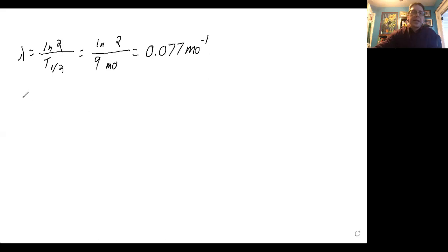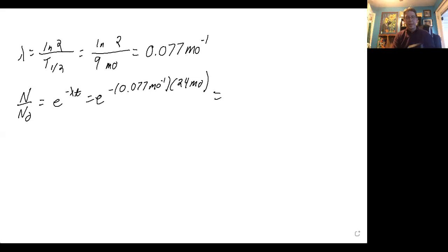And then we have n over n naught, the fraction, is going to be equal to e to the negative lambda t. So that's e to the negative 0.077 inverse months times 24 months.